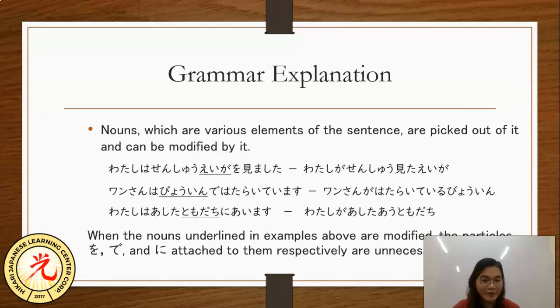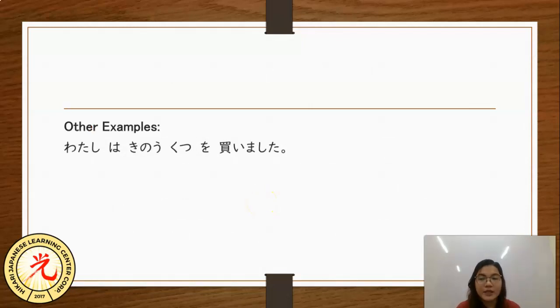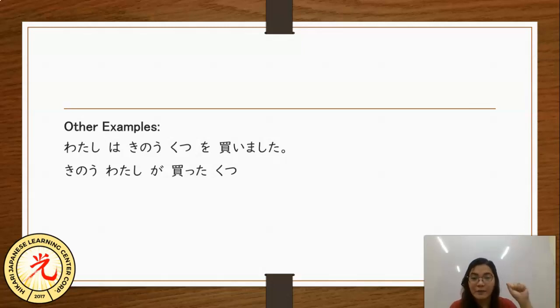Okay? Another example. Watashi wa kinou kutsu o kaimashita. Bumili ako ng sapatos kahapon. So, you can modify it by saying, kinou watashi ga katta kutsu. Ang sapatos na binili ko kahapon.